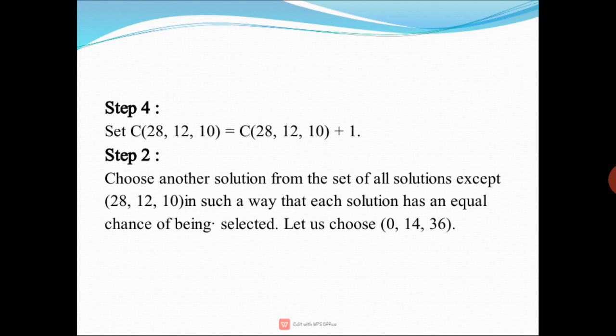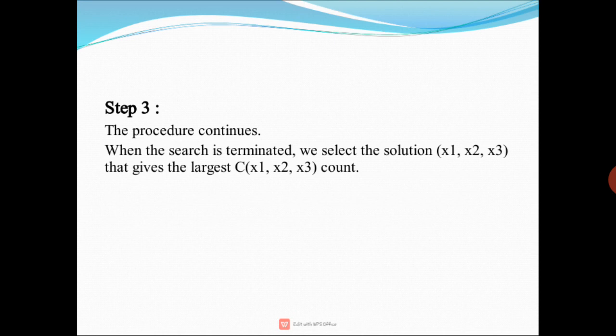If solution 28 12 10 is better than 0 14 36, then increment the counter value. So the counter value of 28 12 10 becomes 2. The one which has the largest counter value is the best solution for the given problem.